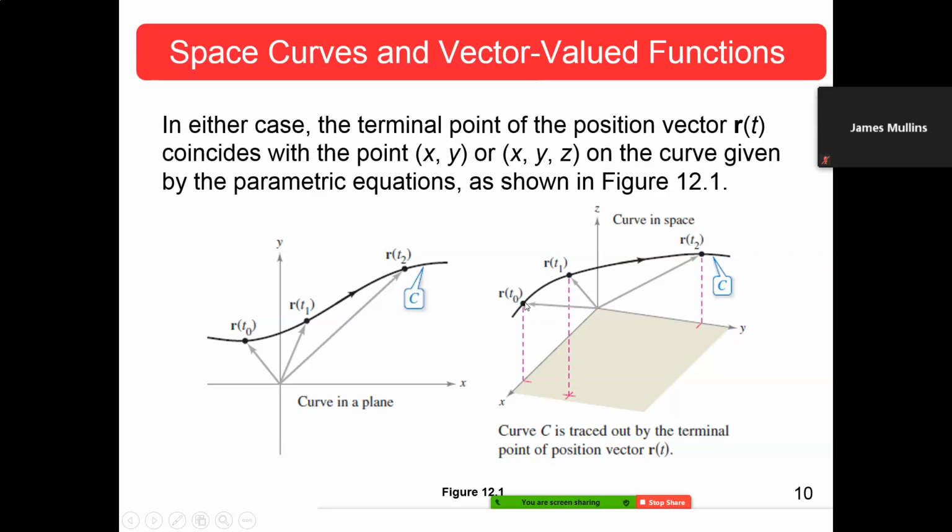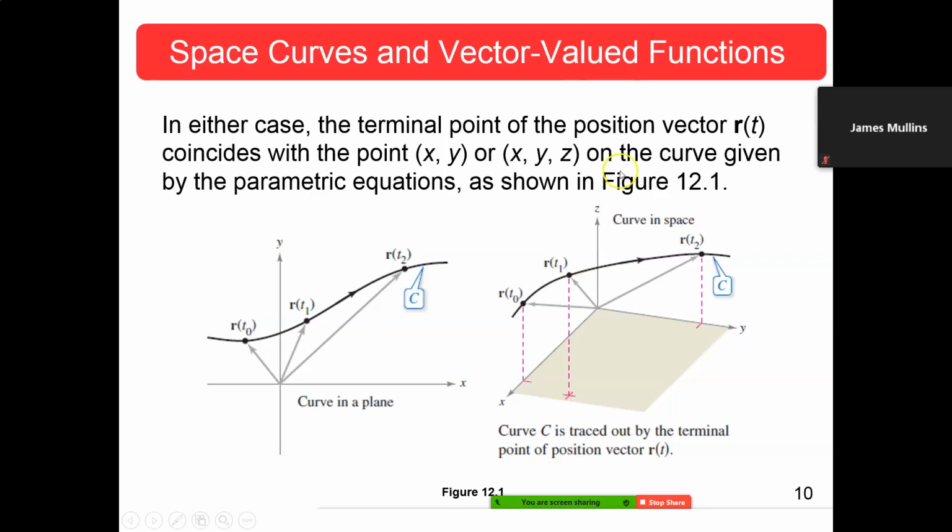But then your next point, when t is equal to t1, your x value looks to be awfully close to the same, maybe a little bit further out. Your y has certainly changed, and your z has also changed. So now you're coming out of the board toward you and rising at the same time.